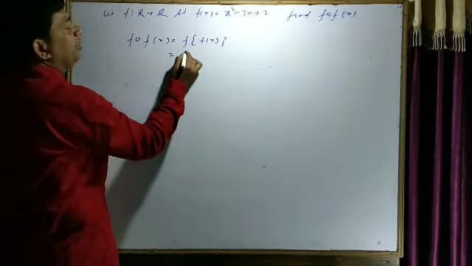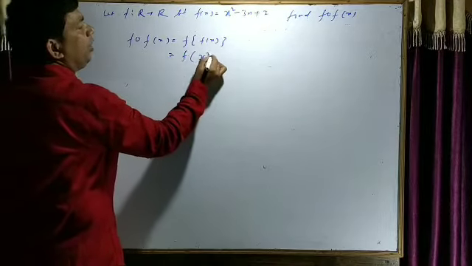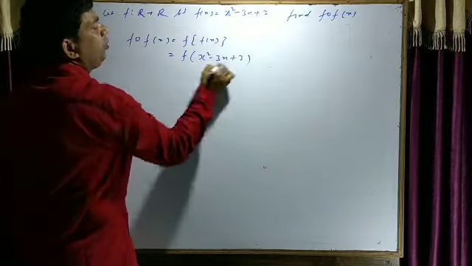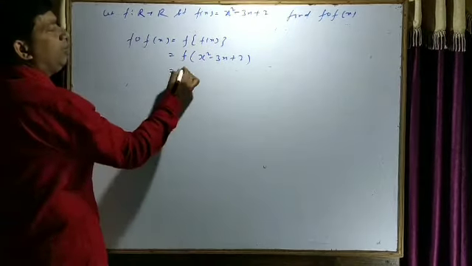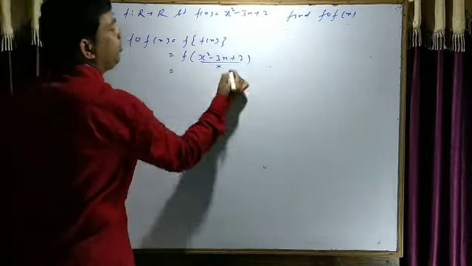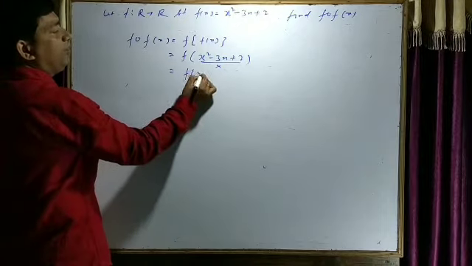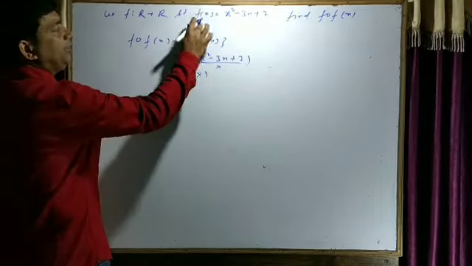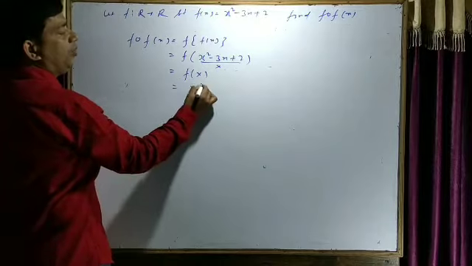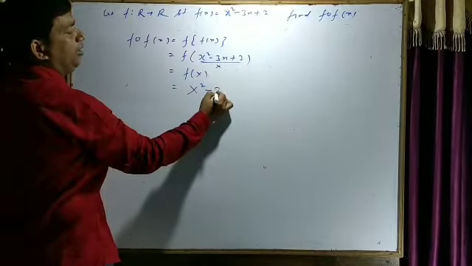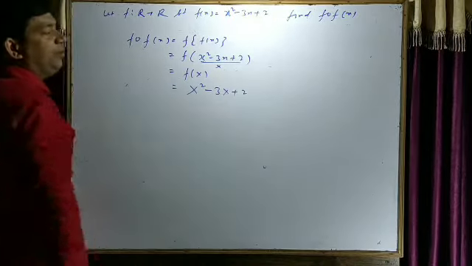What is f x? x square minus 3x plus 2. This is the value of f x. Now take this f x as capital X, so f of capital X, again we write that is X square minus 3X plus 2. Now you replace that value.